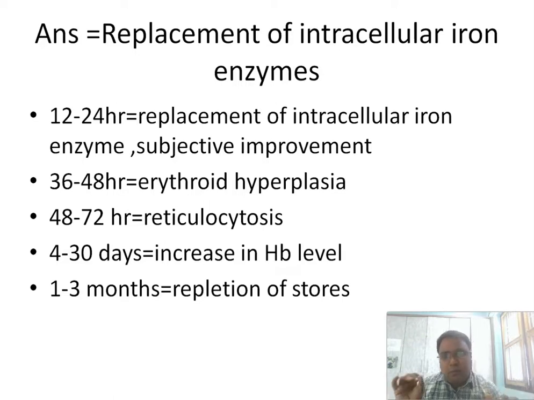But the earliest response is replacement of intracellular iron enzymes. That we have to remember. We should not get confused in the exam. Then day 4 to day 30, what we will get? Increase in hemoglobin level. Then 1 to 3 months after iron supplementation, we will get repletion of the iron stores.